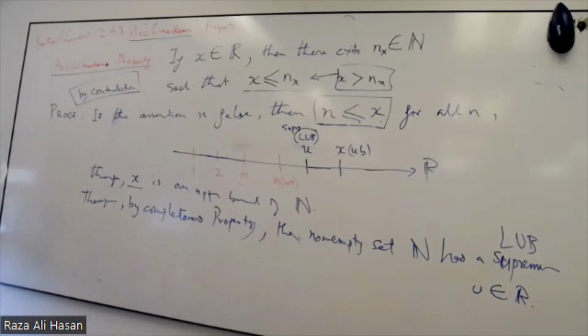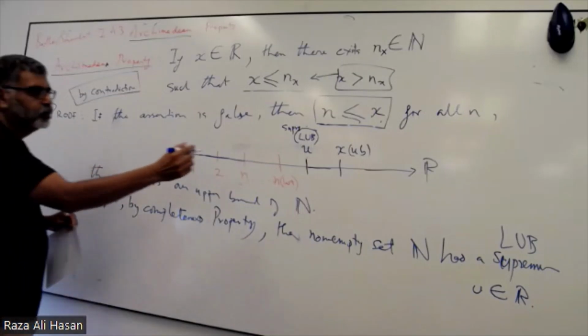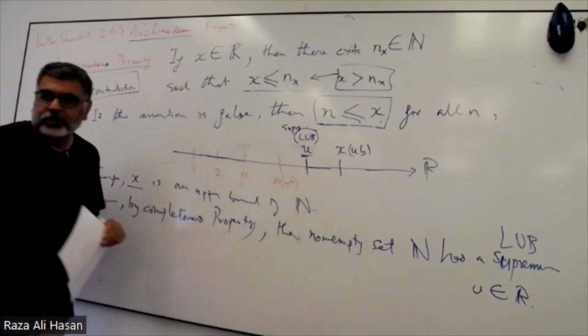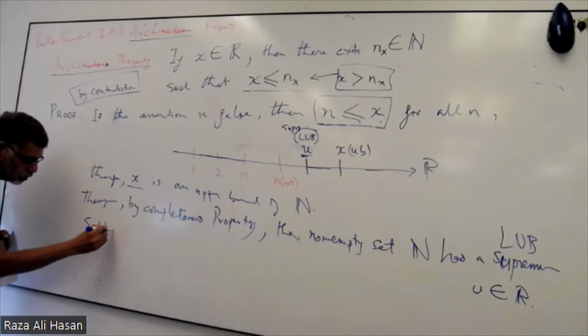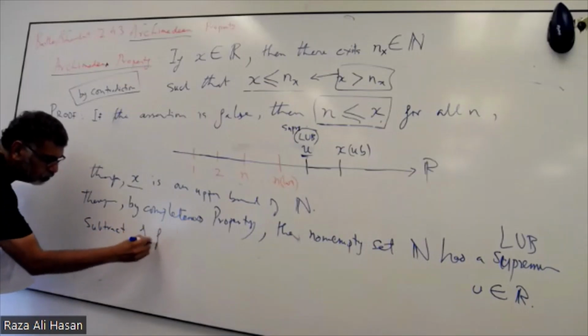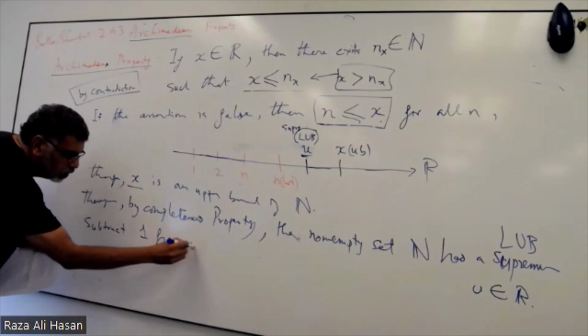So what do we have? How do we write this? Let's see. So we have u, and we're going to do an operation on u. U is a real number, and we're going to subtract 1 from u.